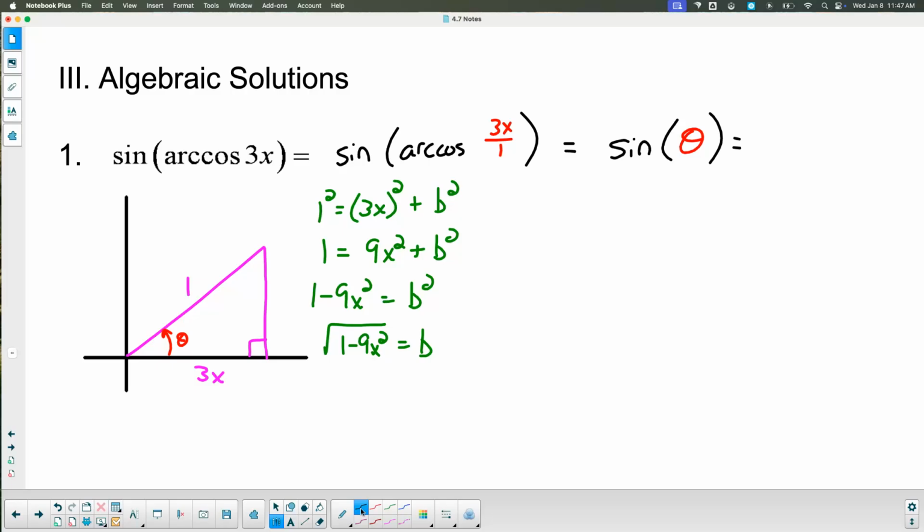Sine of theta is opposite over hypotenuse, correct? My opposite side is the square root of 1 minus 9x squared. My hypotenuse is 1, so I can just leave it like this. Questions, comments, concerns, clarifications?